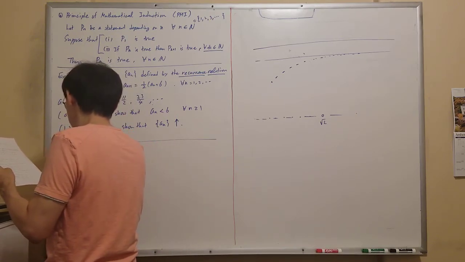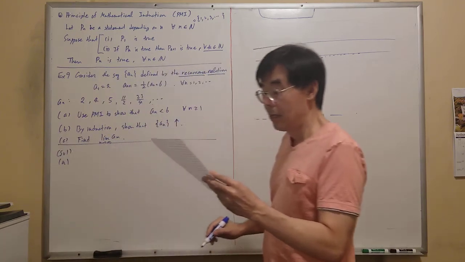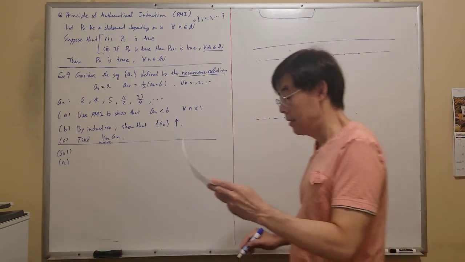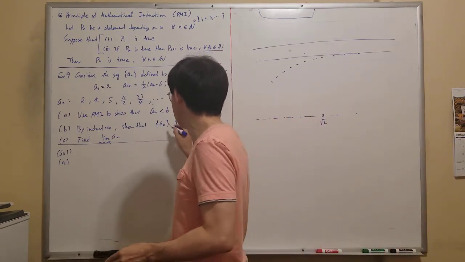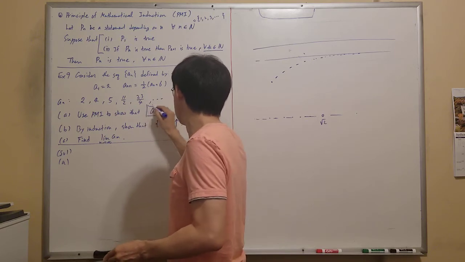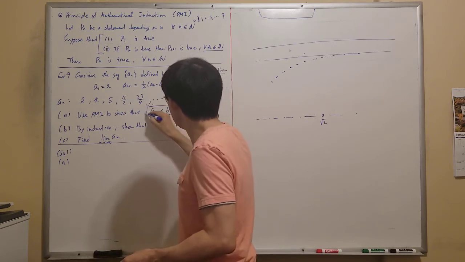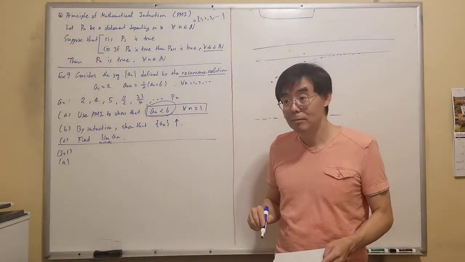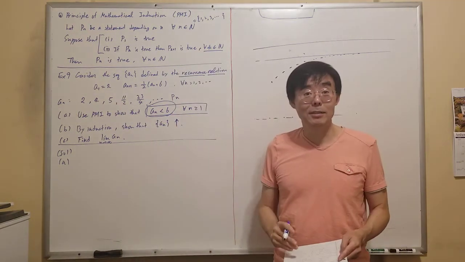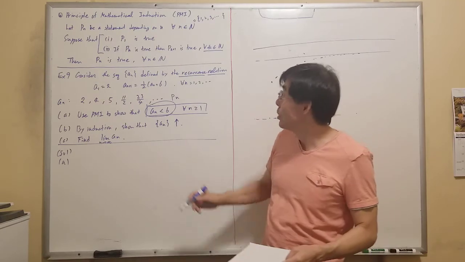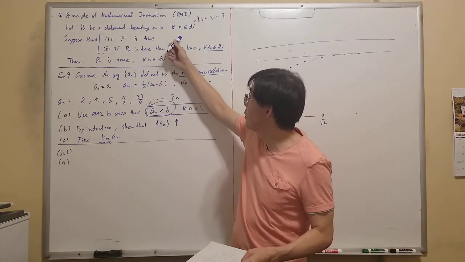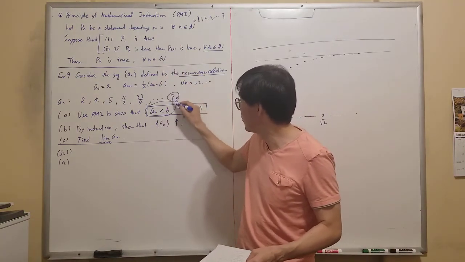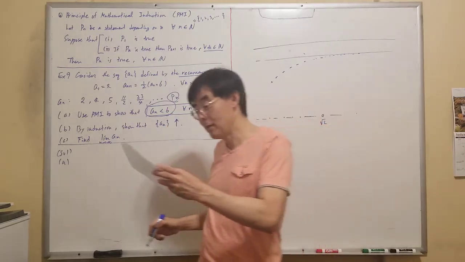Solution A. Now we have to show that, okay, this is our P_n, the nth statement. That is, the nth term is less than 6. So we want to apply PMI to this statement, P_n. Alright?